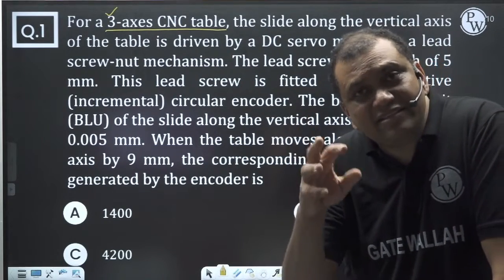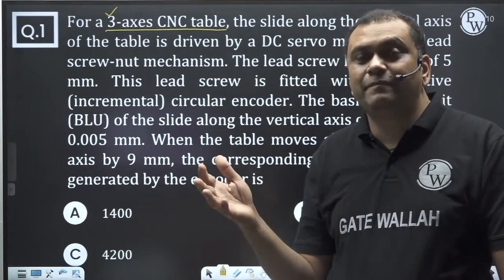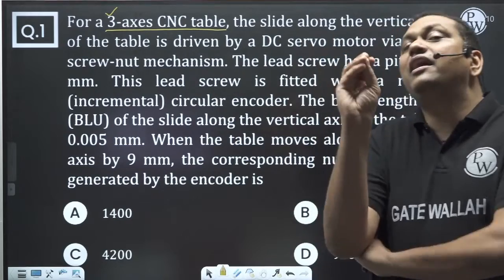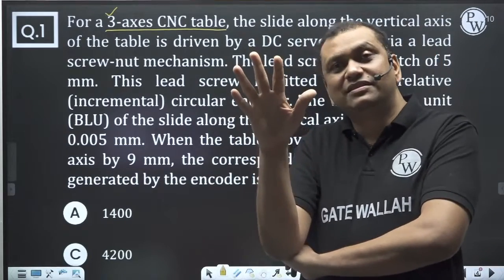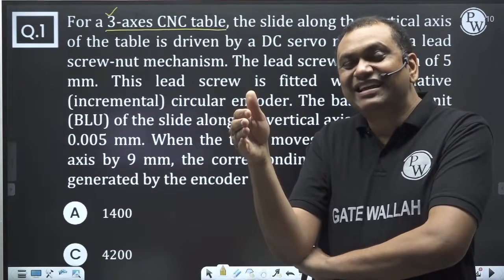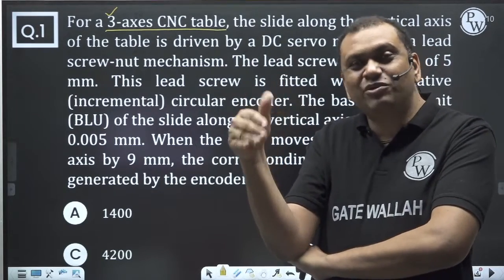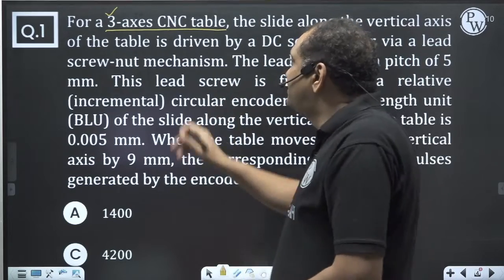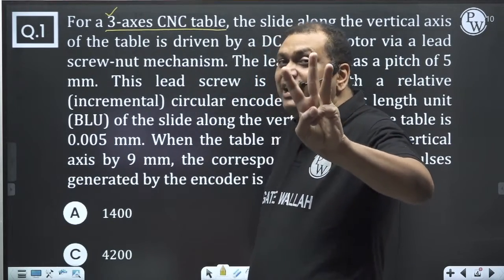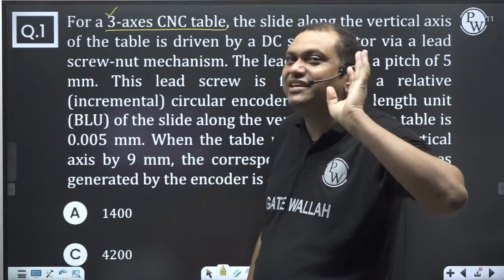In any NC or CNC machine, along how many planes can I do contouring? The machine is capable of doing contouring along how many planes? 3-axis means the machine can cut contours along 3 planes simultaneously.